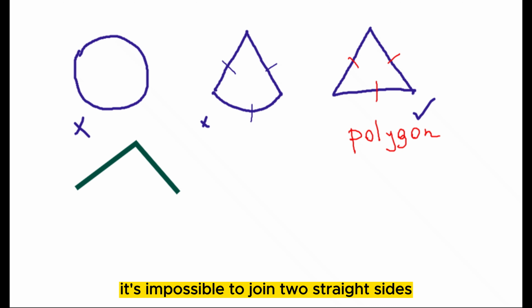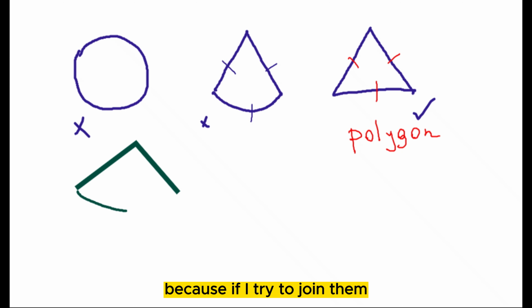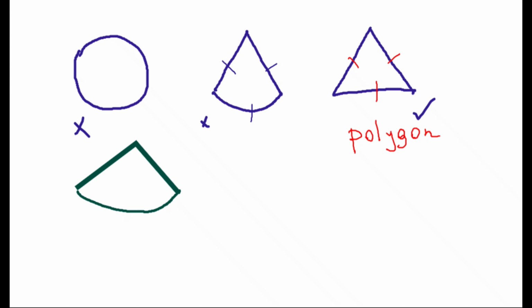Oh, I see that it's impossible to join two straight sides, because if I try to join them, I will have this one.